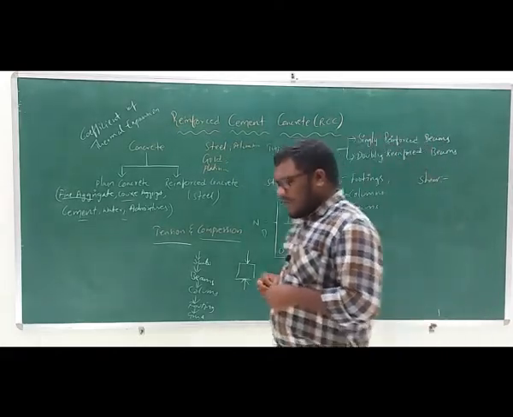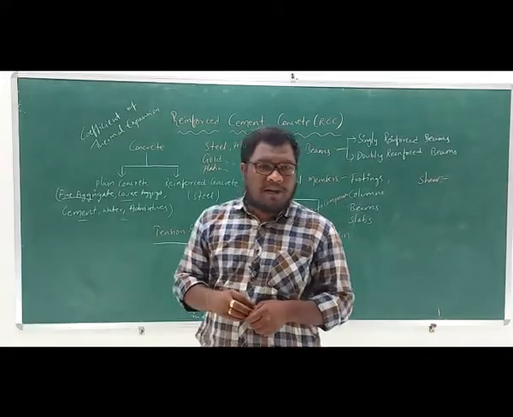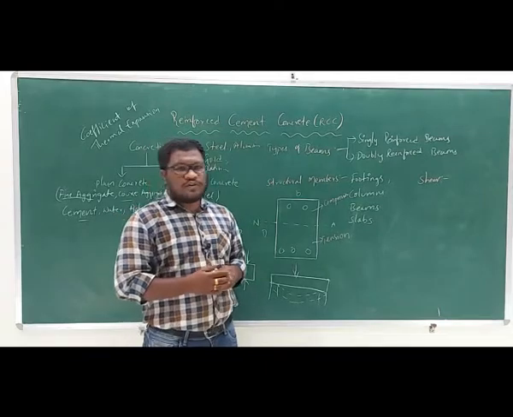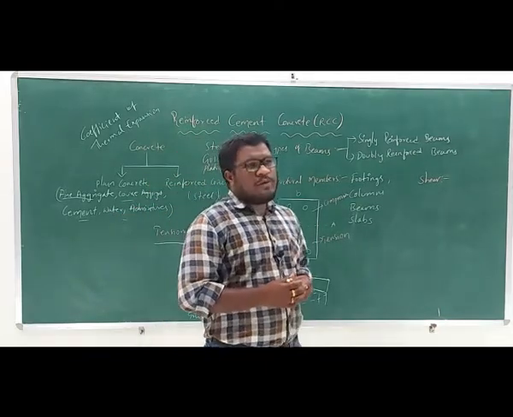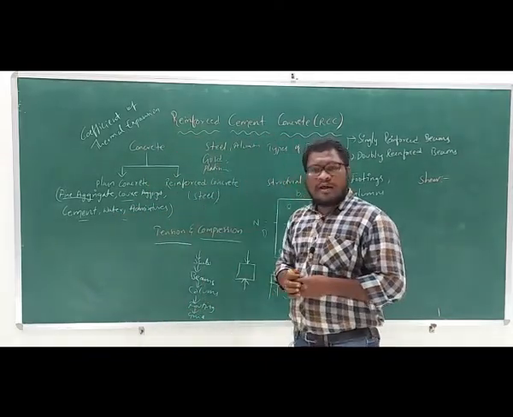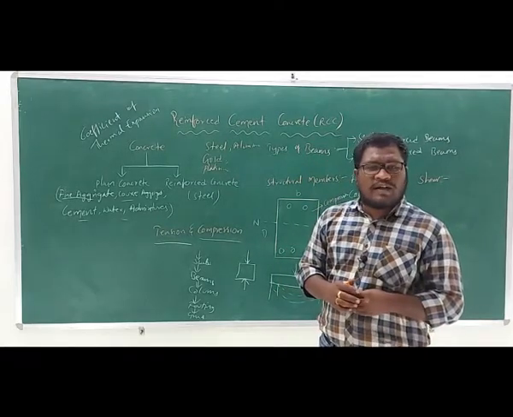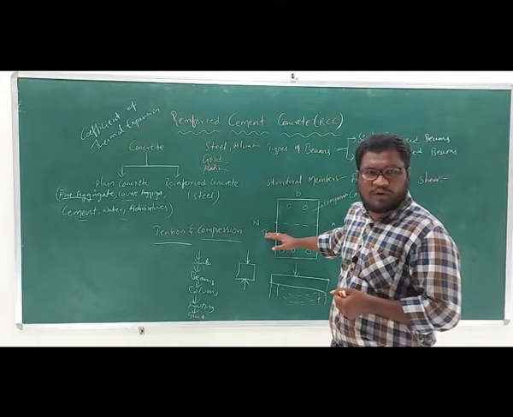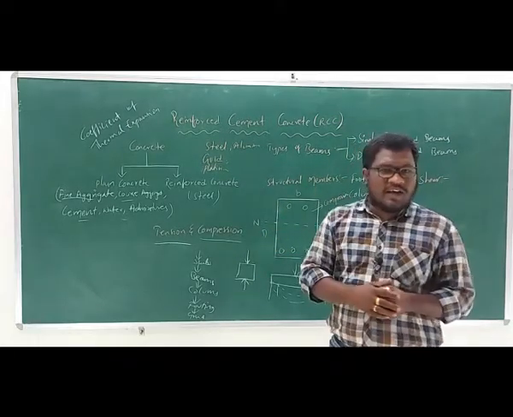What do you mean by singly reinforced beam and what do you mean by doubly reinforced beam? A singly reinforced beam is where the reinforcement is only provided in the tension member. When the reinforcement is provided in the tension member only, then it is called a singly reinforced beam.